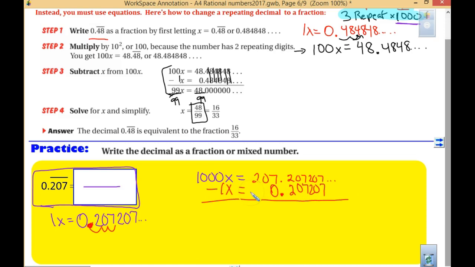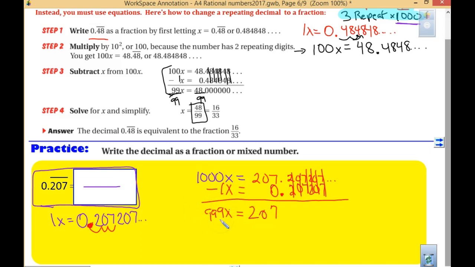If I put it way over here and subtract, I'm subtracting from the back: 7 minus 7, 0 minus 0, 2 minus 2, 207 minus 0, and 1,000x minus 1x equals 999x. I still have an x with it.